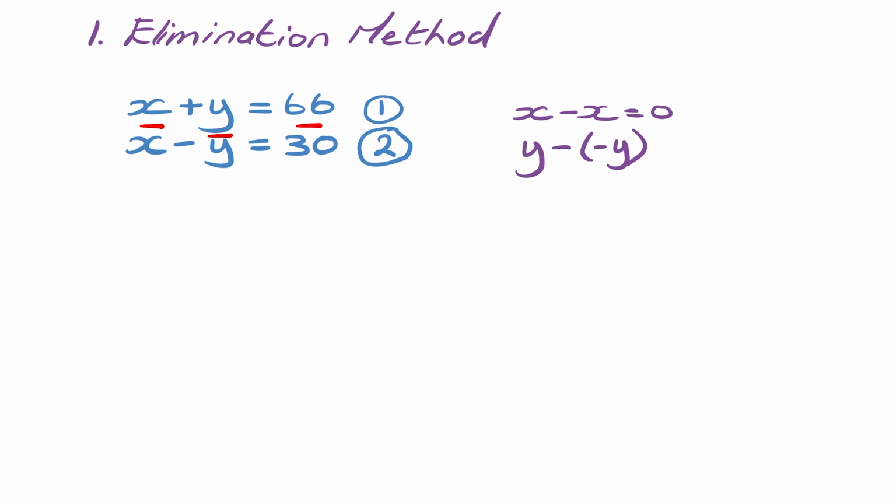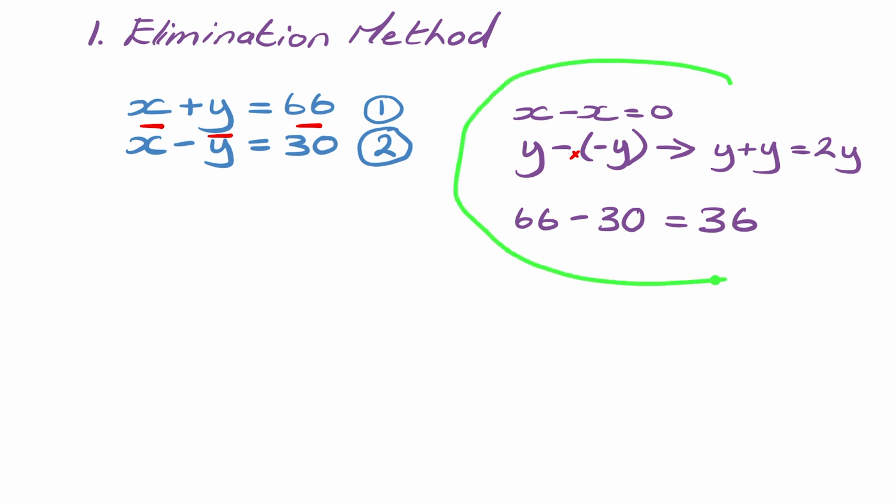And that's because as soon as you do that, you've actually got an invisible multiplication sign there. And so here we will have a negative multiplied by a negative, and that will give us a positive. And so that gives y plus y, which will equal 2y. And then our third calculation is this 66 minus 30, and that will equal 36.